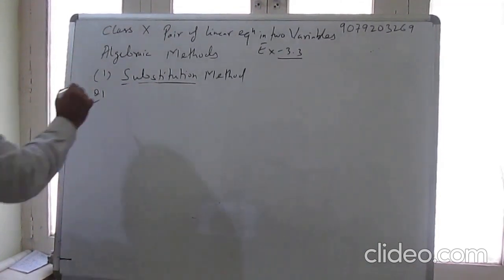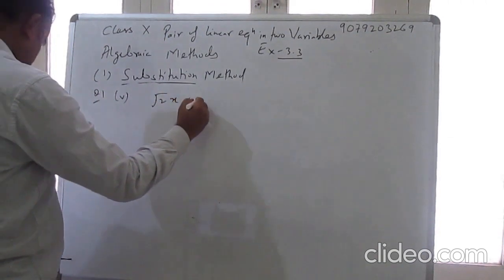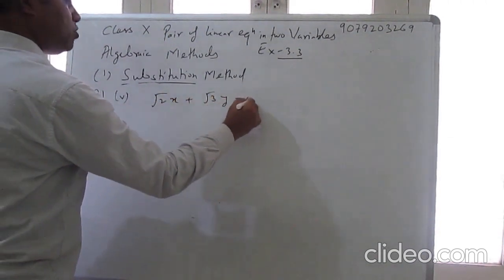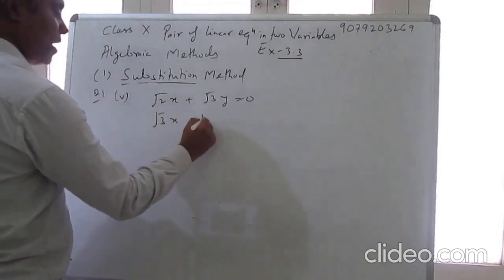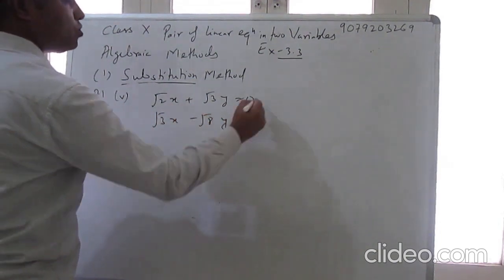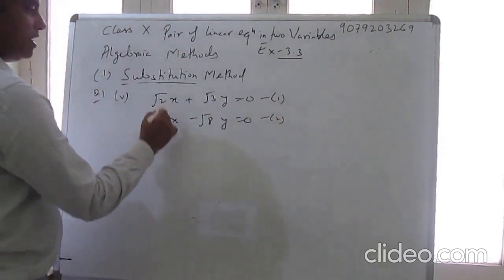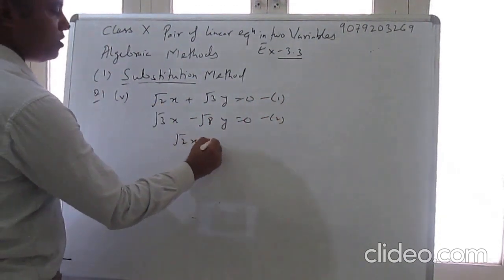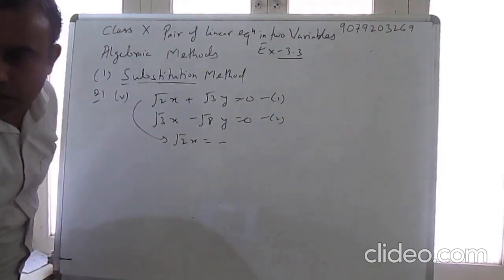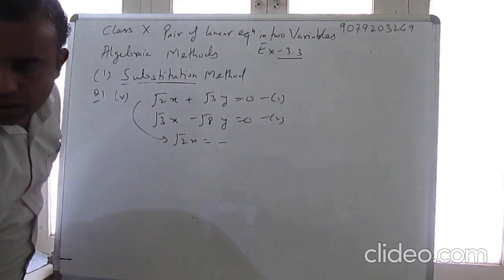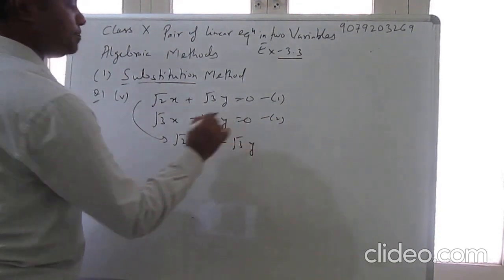See here, fifth part: root 2x plus root 3y is equal to 0. Root 3x minus root 8y is equal to 0. Equation 1, equation 2. Here you see that root 2x is equal to, from 1, minus root 3y.